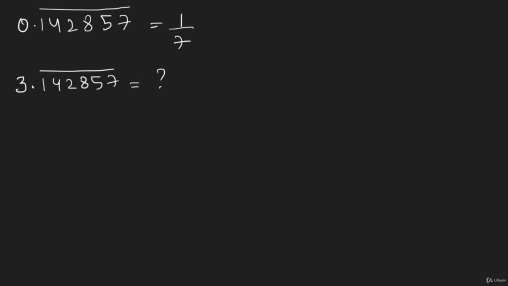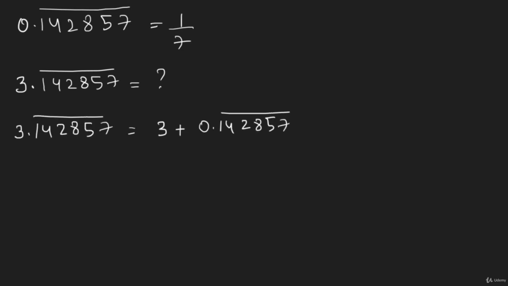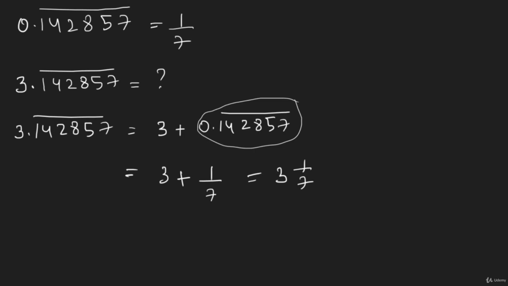Now I can write this as 3 plus 0.142857 bar, right? And I know that this much is equal to 1 by 7. So this is equal to 3 plus 1 by 7, which is 3 1 by 7. This is a mixed fraction. I can also write it as 3 into 7 plus 1, that's 22 by 7.